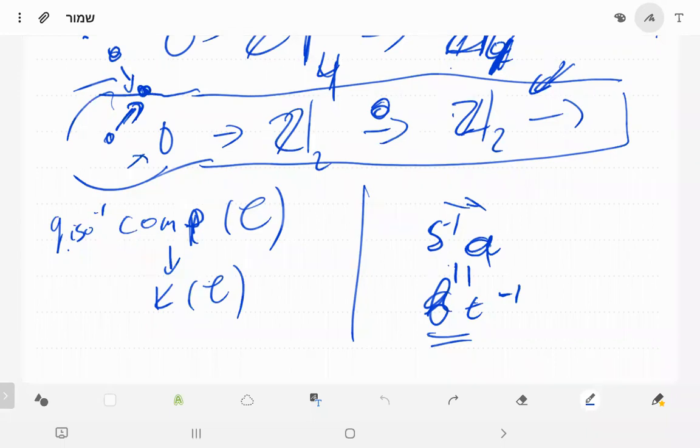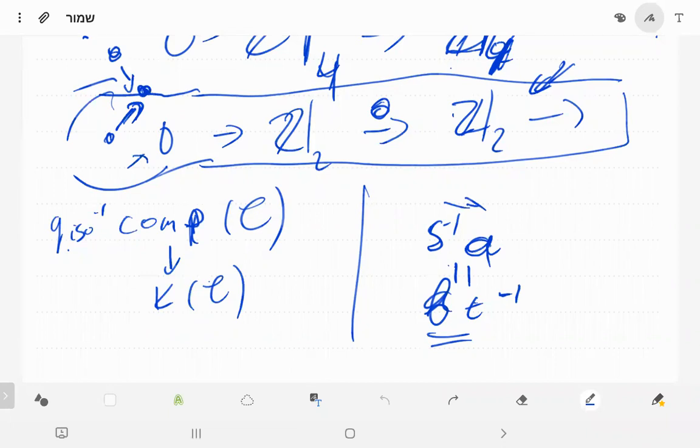Here you just need to take multiplication. It's still not very explicit, but it's much more explicit than in general.